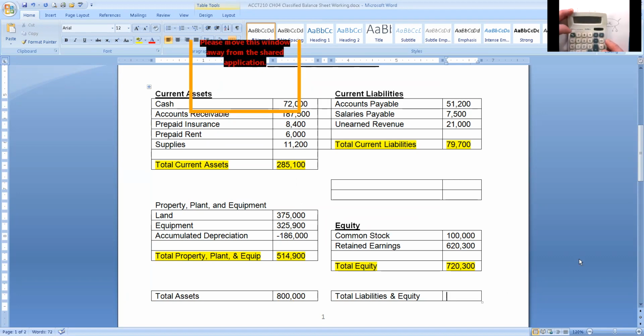Does this come out right? Current liabilities are 79,700 plus 20,300. Yep. Okay.